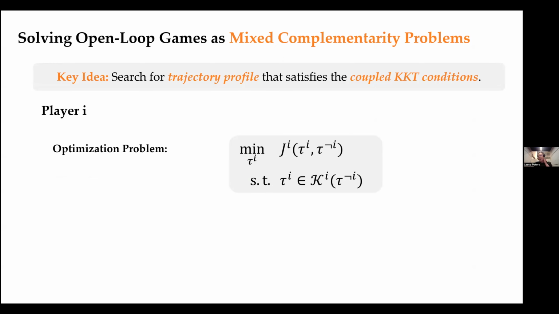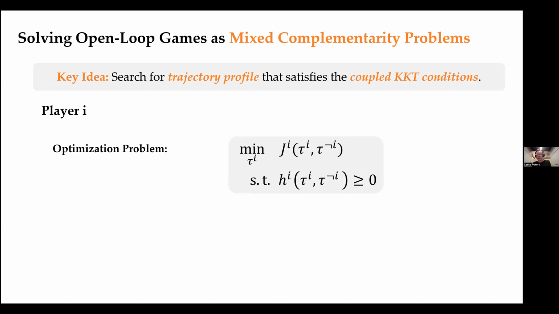So if we look at the optimization problem for player i, they want to minimize their own cost subject to some constraints. And the key requirement that we will add here is that we can express these constraints with a potentially non-linear algebraic representation h, where the constraint is satisfied whenever h evaluated at tau i and tau not i is greater or equal to 0.